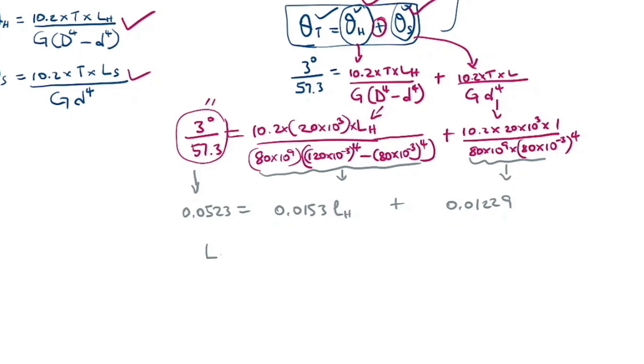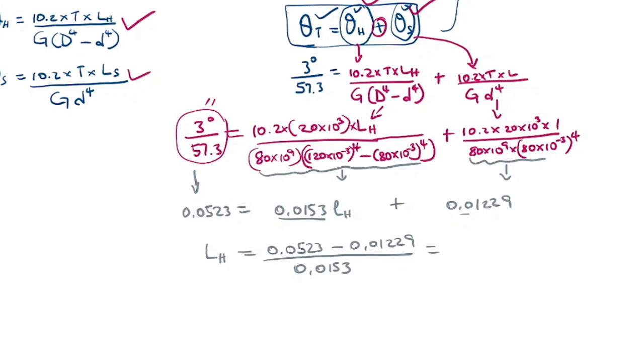Then the length for the hollow shaft is 0.0523 minus 0.01229, all divided by 0.0153.